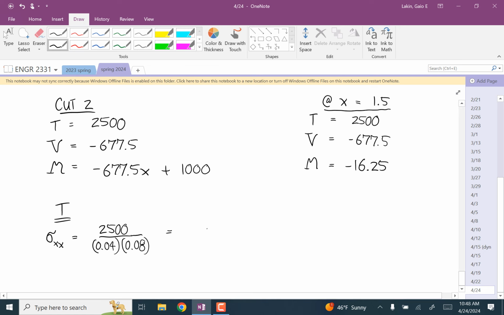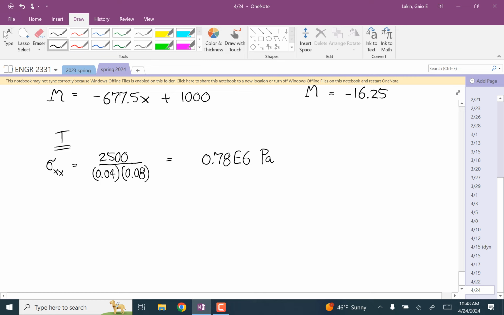And we get 0.78 megapascals. So the stress tensor due to tension is 0.78, zeros everywhere.